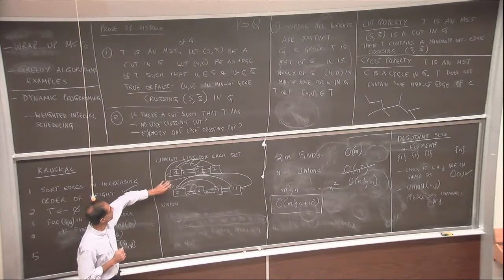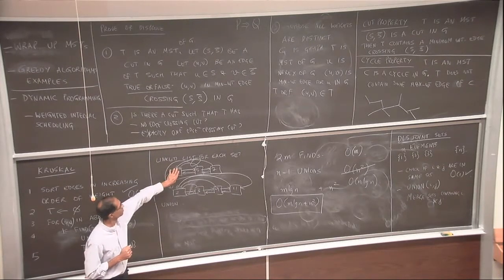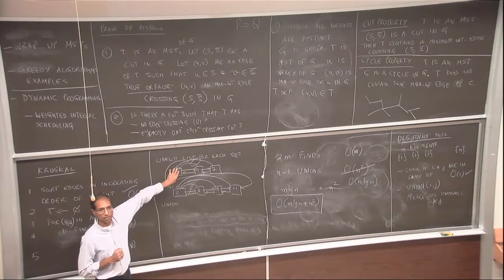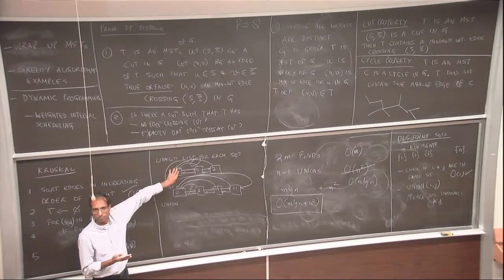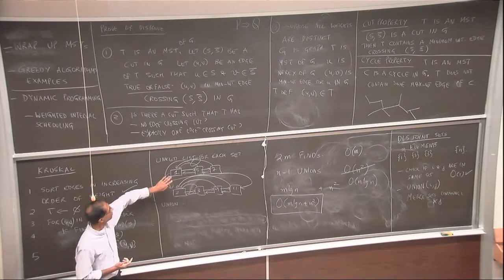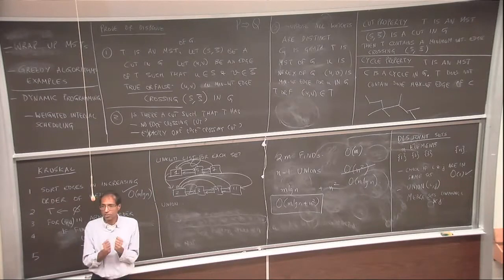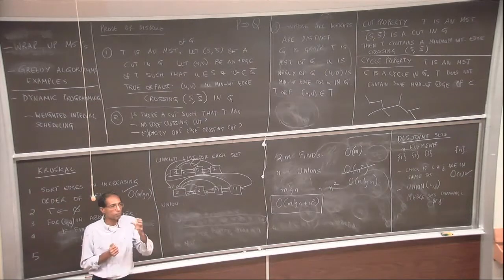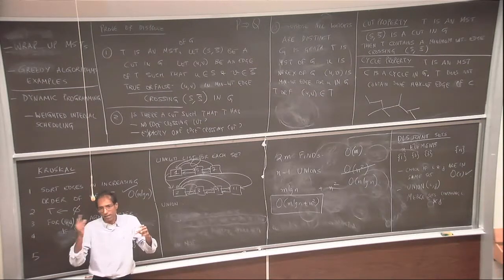So let's focus our attention on one vertex. I'm going to ask, how many times do I change its pointer? In this example, once. But overall, how many times am I changing? If I could be changing a pointer for a particular element n times, then I will get back n squared. But perhaps I'm changing it fewer times.